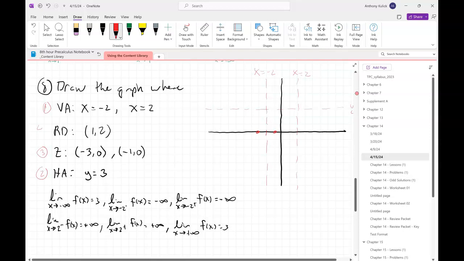After that, I'm going to draw in the removable discontinuity. I do have to be a little bit careful with this, because how do I draw a removable discontinuity? I use an open circle there. So I got to make sure I draw an open circle there.